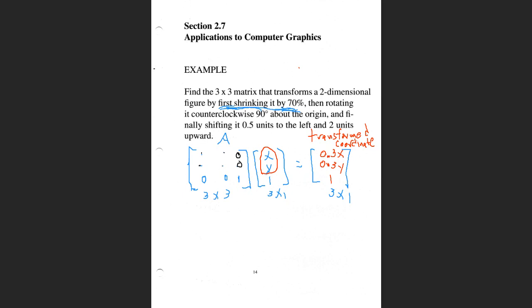So what is going to go there? To get this vector here, what 2x2 matrix would you need? We're kind of working backwards, right? We have the vector we want, and it would be 0.3, 0, and 0, and 0.3.